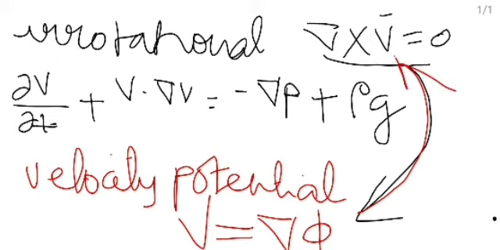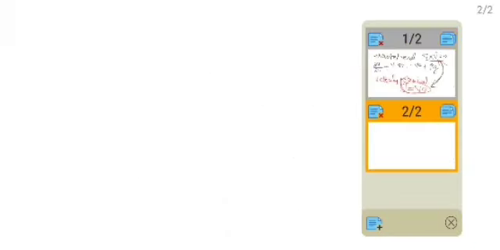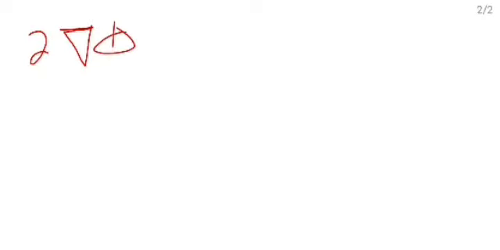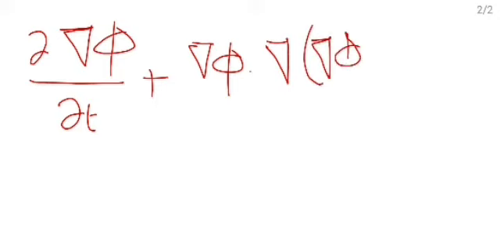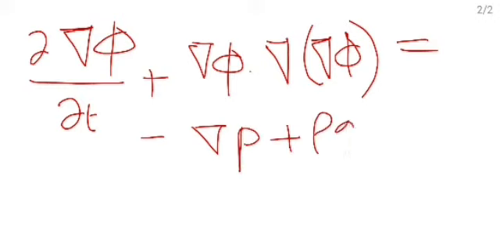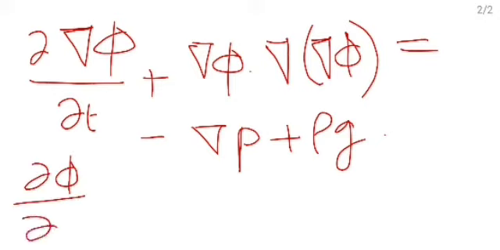Now this V can be substituted as del phi. That will be giving you dou phi by dou t plus del square phi.